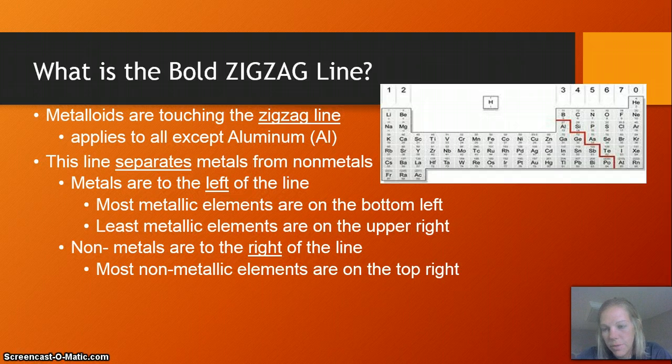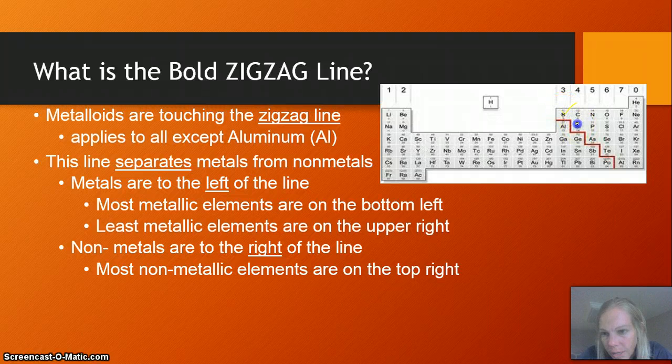So, what is the zigzag line for? There are 3 main types of elements on the periodic table. There are metals, nonmetals, and metalloids. Metalloids, except for one that's touching it, all touch the zigzag line.